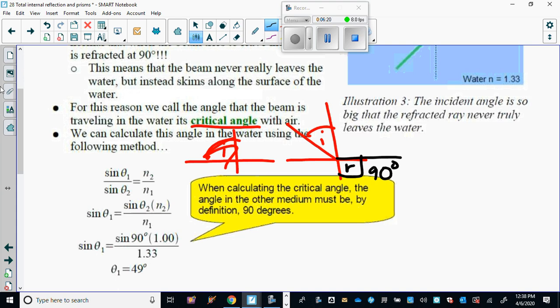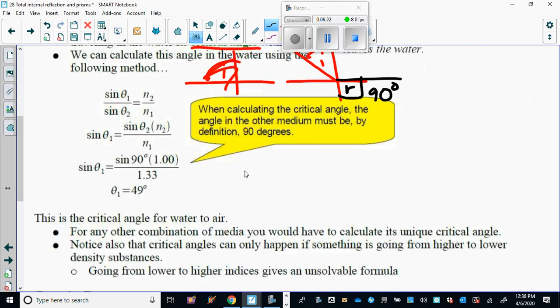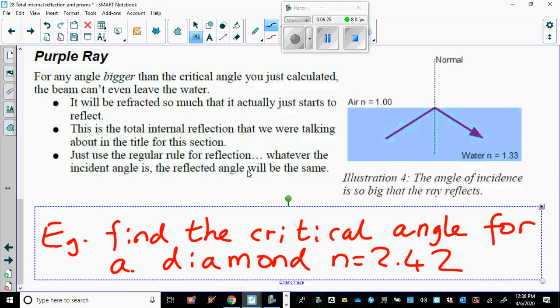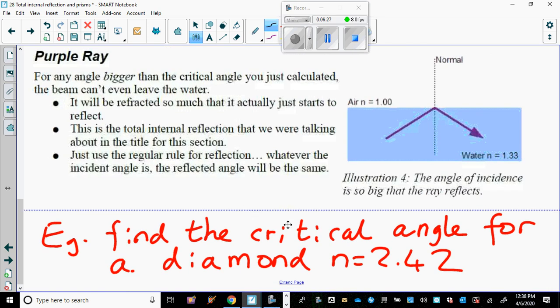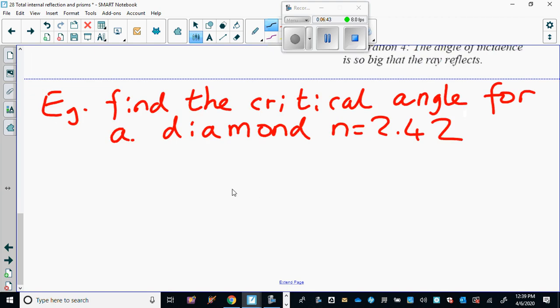I don't think there's an example in your notes, so we're just going to make up an example right here. It says find the critical angle for a diamond. So if you've got light coming out of a diamond, what's the critical angle that will make it totally reflect and not refract? Here's how we're going to solve this problem.